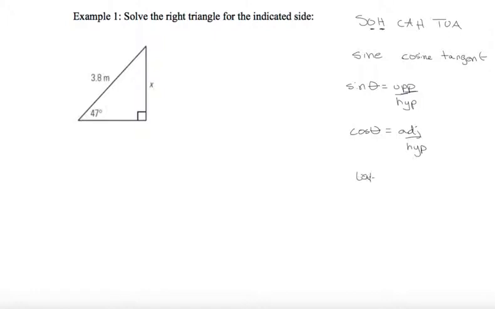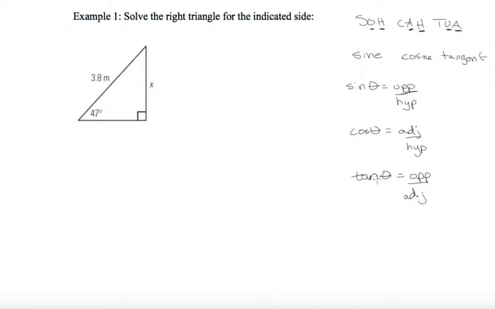And tan theta, tan of an angle, is equal to the opposite over the hypotenuse. Oh, pardon me, opposite over the adjacent. Oh, shame on me. Opposite over the adjacent. So tan is opposite over adjacent, cosine is adjacent over hypotenuse, and sine is opposite over hypotenuse. So those are the three ratios we're going to talk about.